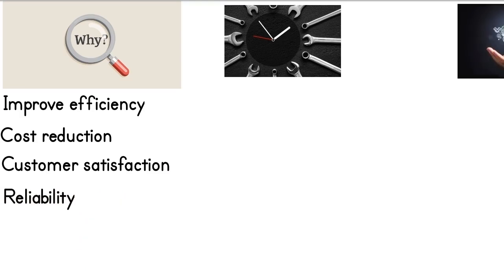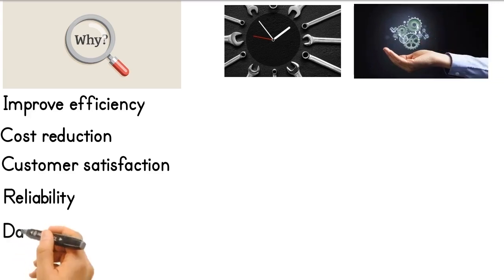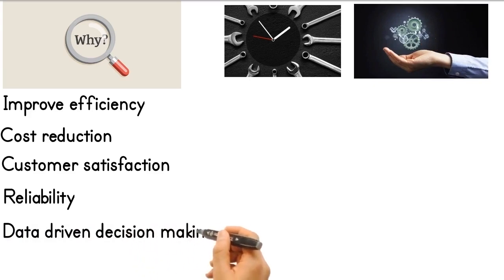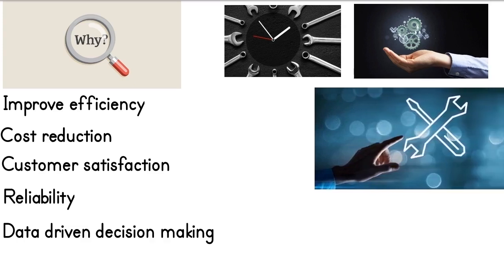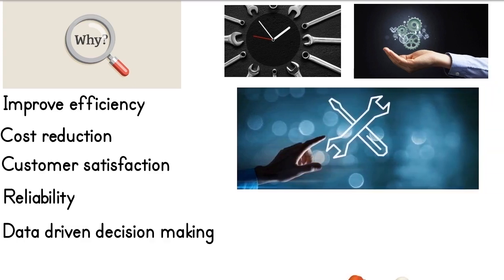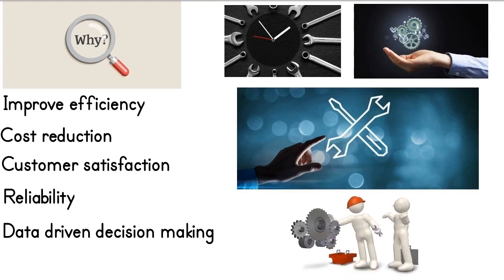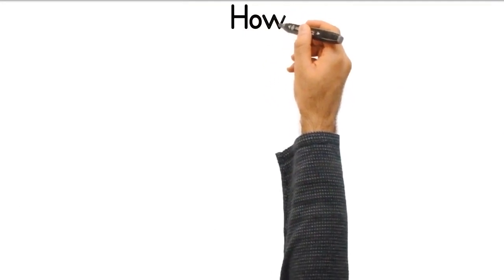Quick repairs lead to minimal service disruptions. Reliability. A lower MTTR indicates that a company is effectively managing and maintaining its assets, contributing to more reliable equipment and systems. Data-driven decision-making. Tracking MTTR allows organizations to make data-driven decisions to optimize their maintenance strategies and improve system reliability.